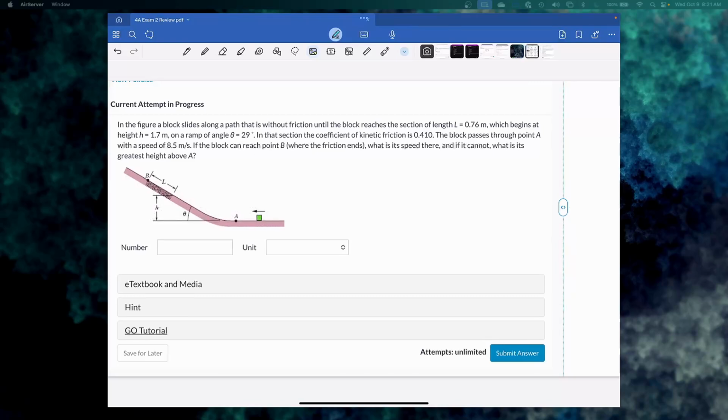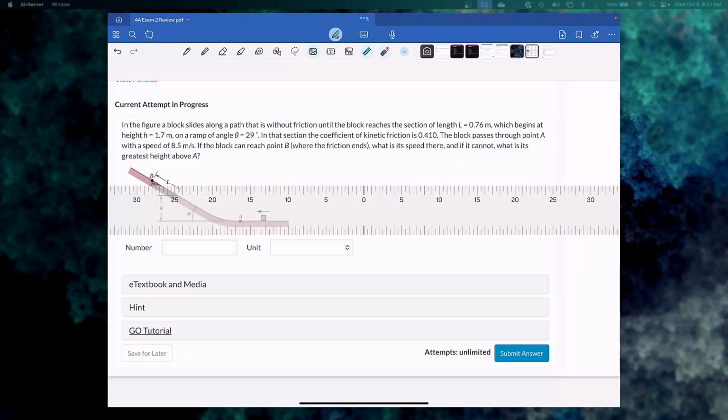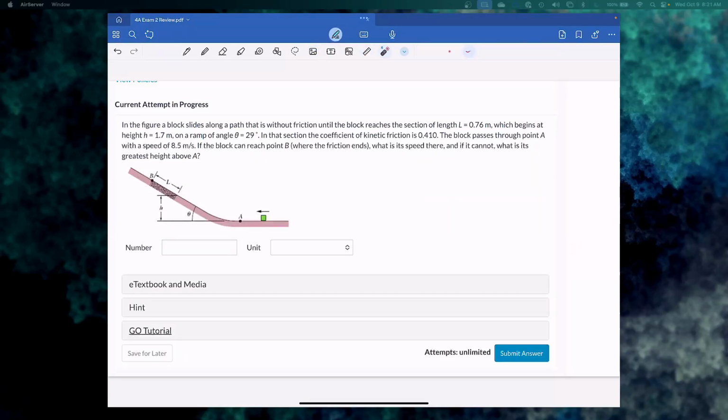The part that's giving me trouble is just how to set up the test to see if it makes it through the test. Right, because they do something mean here where if the block can reach, what is its speed? If it can't, right? So not only are you being asked to solve for something, you have to set up this test to even see what it does in the first place, right?